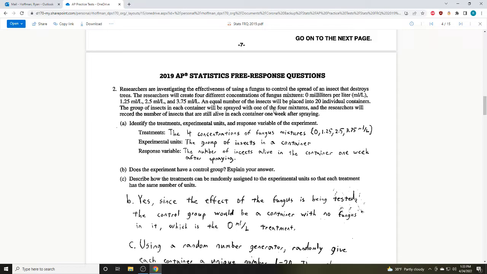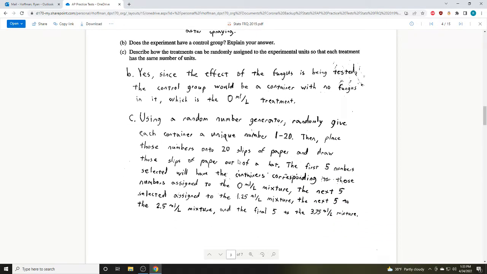And then it asks us to describe the random assignment process. So here's one way to do it. And this involves drawing slips of paper out of a hat. The main thing you need to make sure that you do is to make sure that each treatment has the same number of units, which is 5.